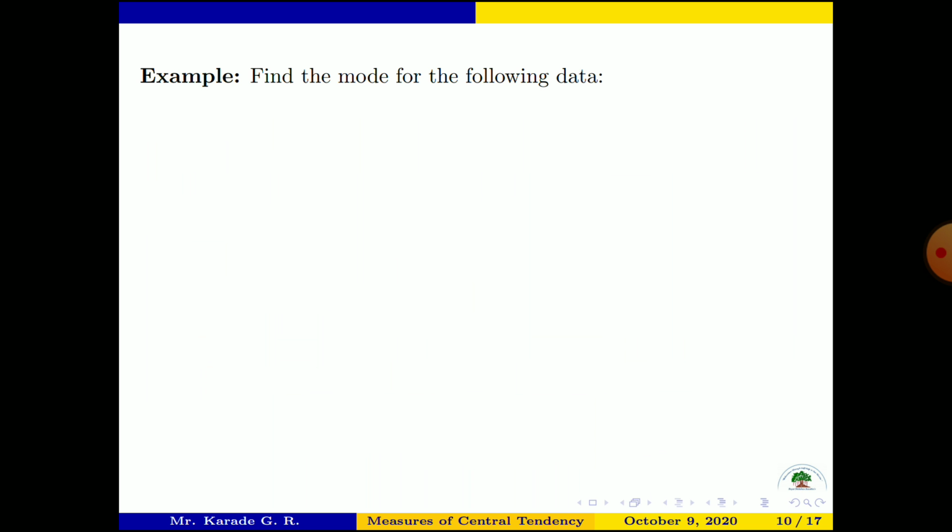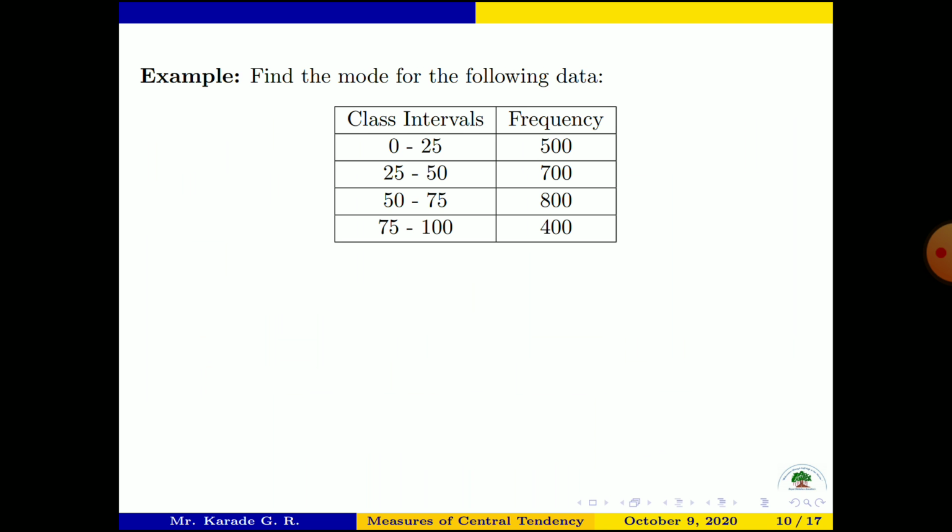Example 1, find the mode for the following data. Data is given: class intervals and their corresponding frequencies. So we are finding the mode for a grouped frequency distribution. Groups mean class intervals.